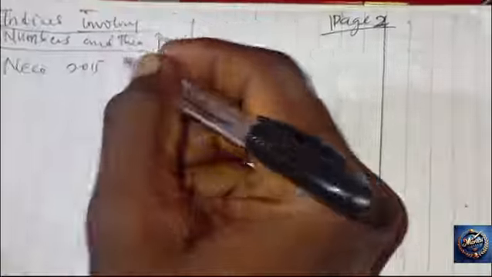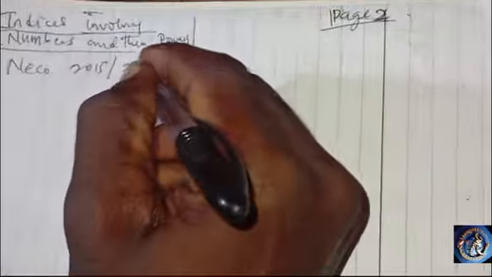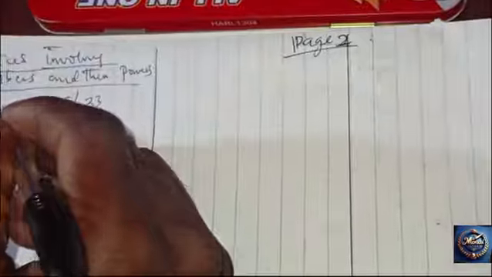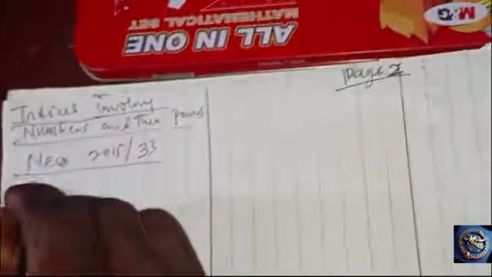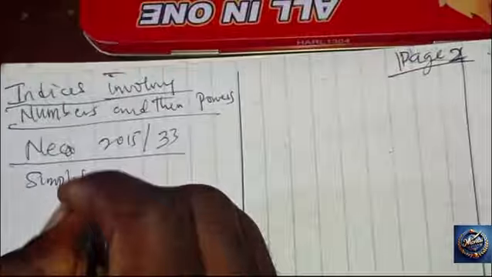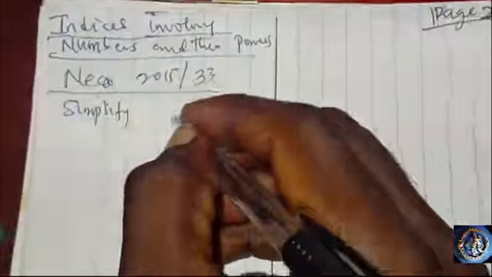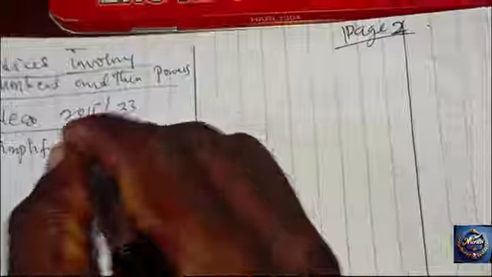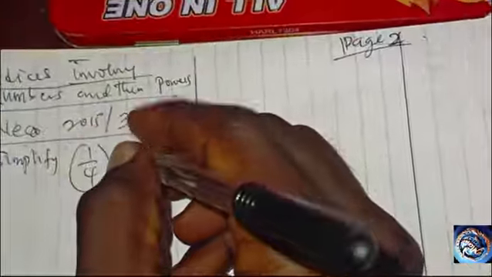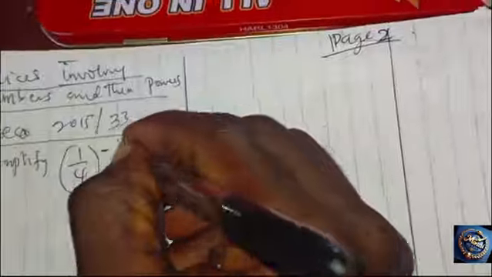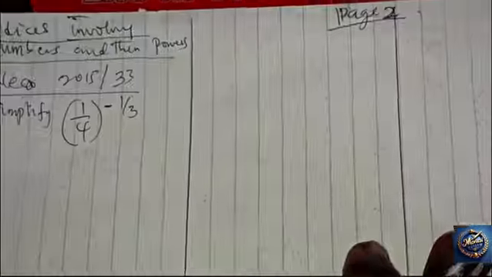What does it say? It says simplify 1 all over 4 raised to the power of minus 1 all over 3, raised to the power of minus 1 all over 3.